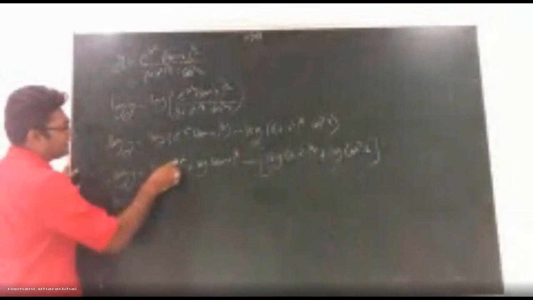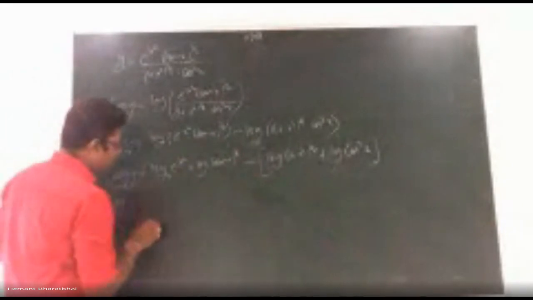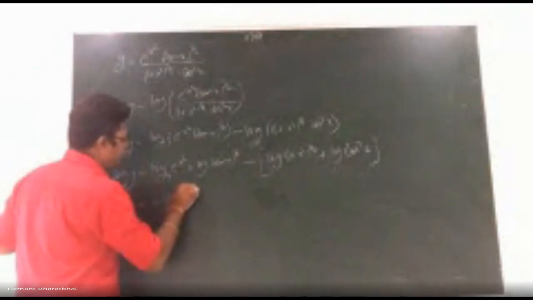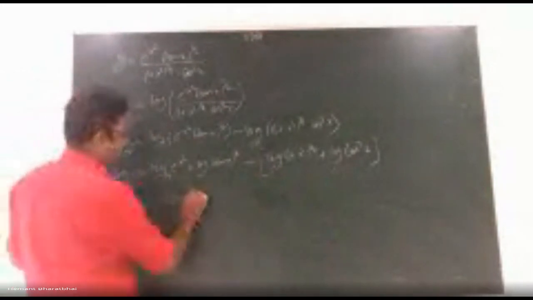So it can again be written as log of y is equal to, this power will come down. So that will become 2 log of e raised to x, or instead, this is log and anti-log. Log and anti-log will cancel each other.